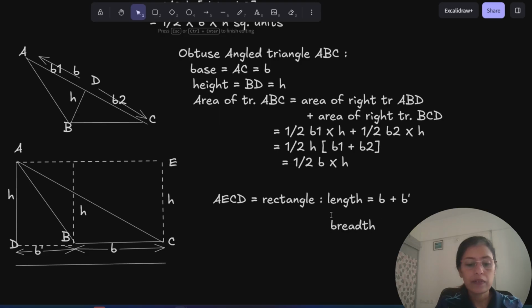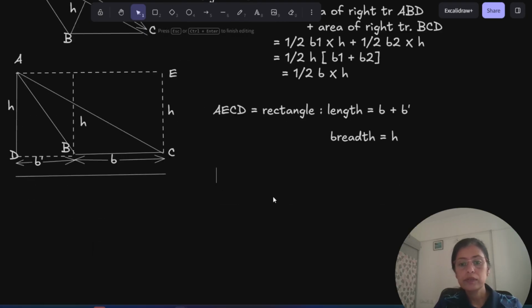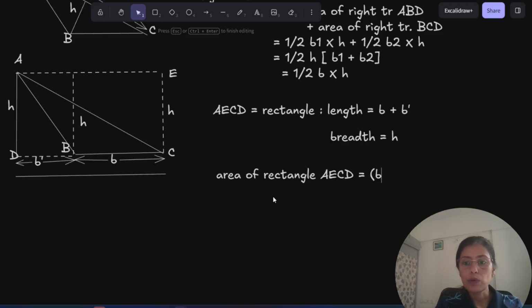Or here in the case of rectangle, the breadth is H. So our area will be area of rectangle AECD is equal to B plus B dash into H.